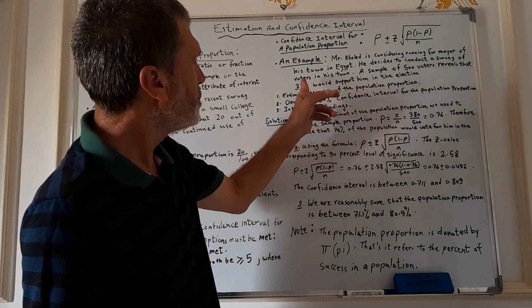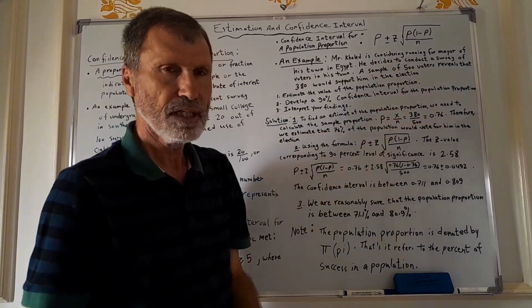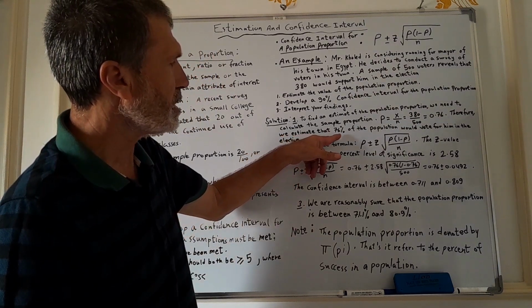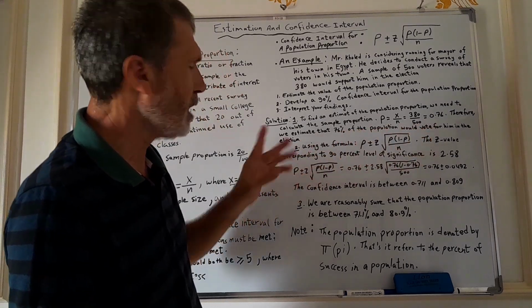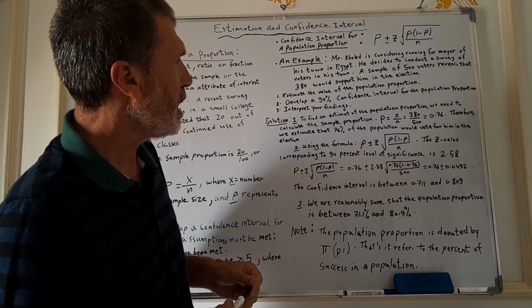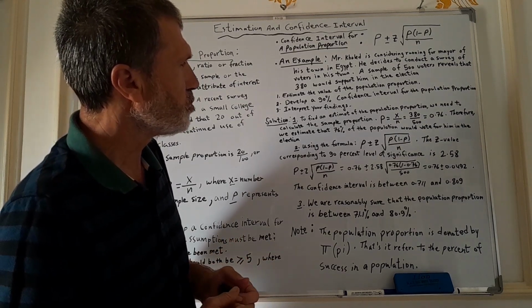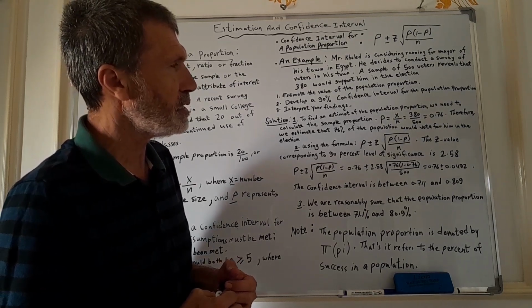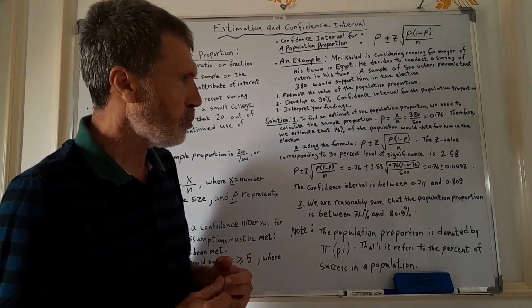We get 380 over 500, which comes to 0.76. Therefore, we estimate that 76% of the population would vote for him in the election. So an estimate of the population proportion is the sample proportion, which is 0.76.